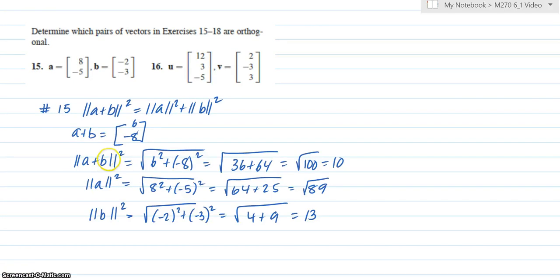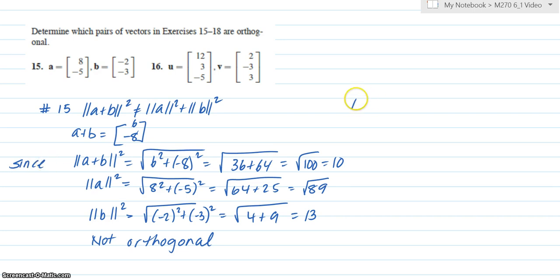So if I look at the length of a plus b squared, I get 10. The length of a squared is 89, and the length of b squared is 13. So if I add those together, I do not get 10. So this is not orthogonal. We can put a not here.